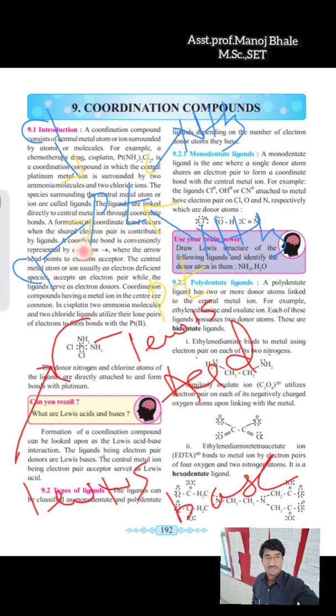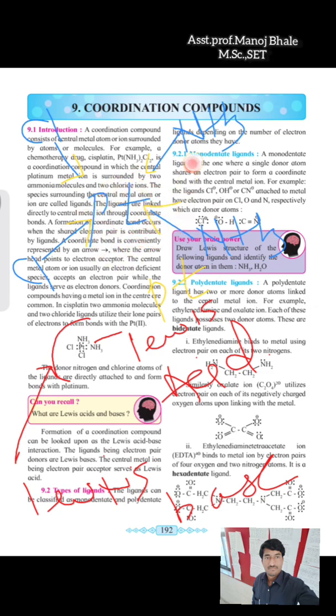This arrow direction indicates this Lewis base donates electrons to the platinum. Chlorine also acts as a Lewis base in this case, because chlorine donates a lone pair of electrons to the central metal, our platinum.